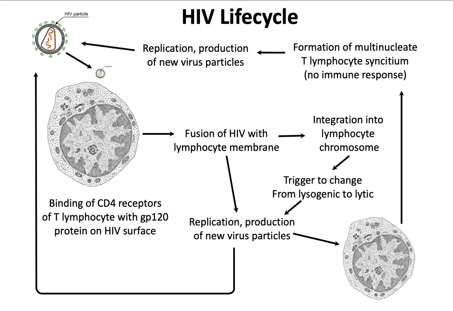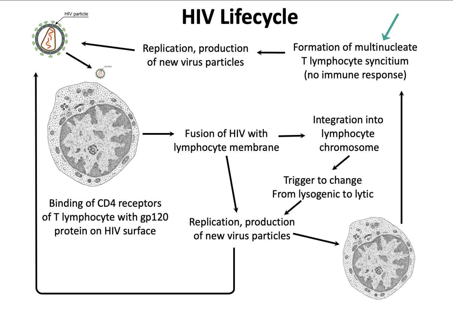Later on, the virus will start changing the genome of and taking control of the genome of the lymphocyte and make it into a multinucleate syncytium. So it will have absolutely no immune response, which is usually what eventually causes the death of the patient, not the HIV itself, but the lack of an immune system.